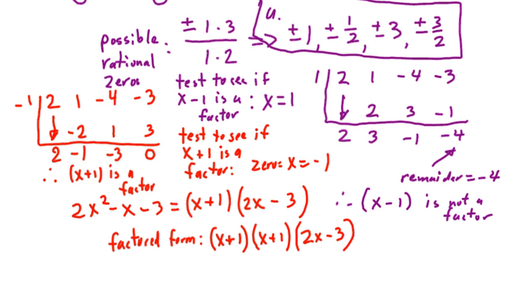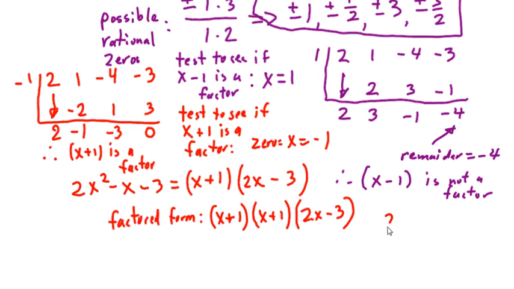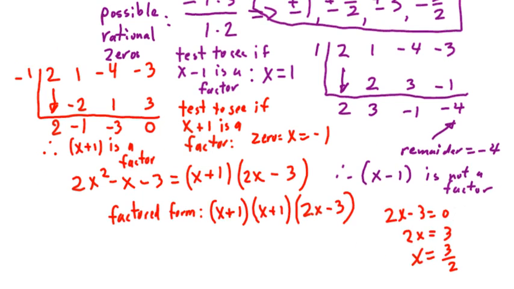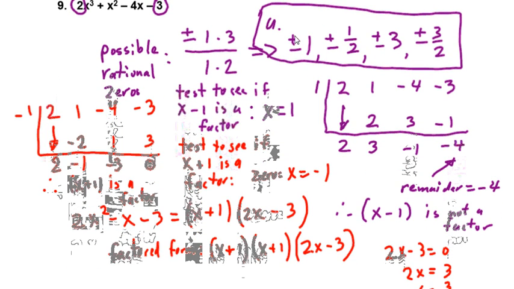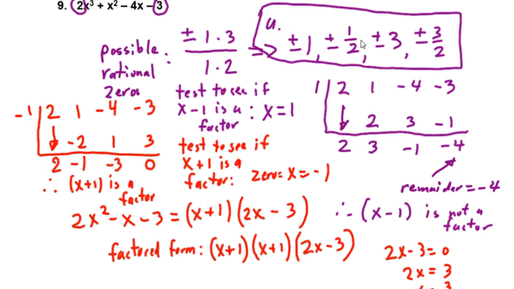As far as what zeros that would give us, if we set 2x minus 3 equal to 0, we would get 2x equals 3, so x would equal 3 halves. So by the rational roots theorem, our zeros would be negative 1 and positive 3 over 2. That would be our answer to part B, which we box in.